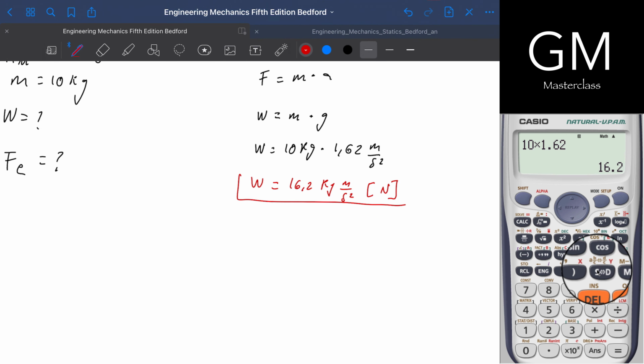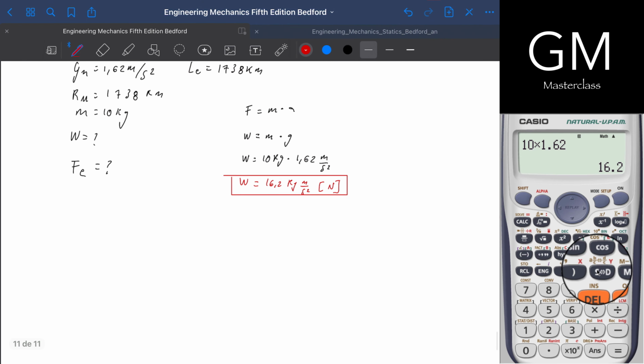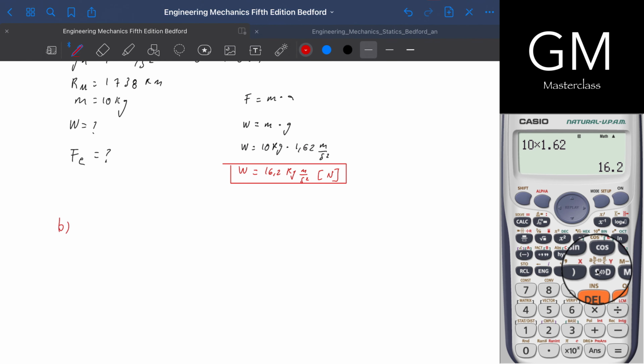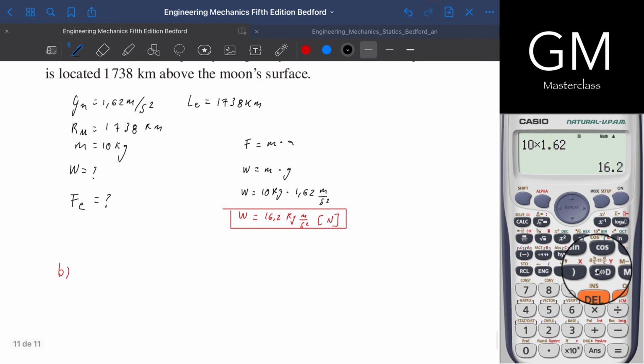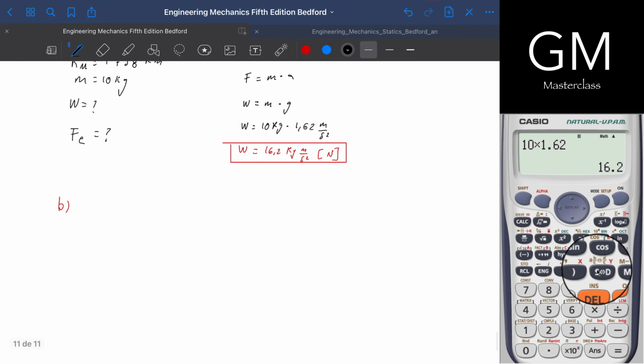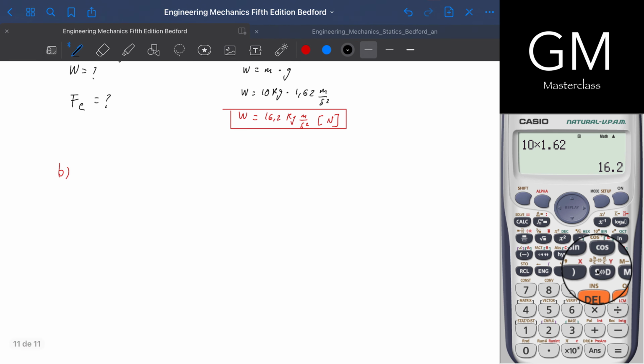Now I've solved the first part of the exercise. Now the B part. Using the approach described in example 1.5, determine the force exerted on the object by the gravity of the moon if the object is located at that height above the moon's surface. Now there is a specific equation for when I want to know this force and the object is outside of the planet, or in this case the moon.